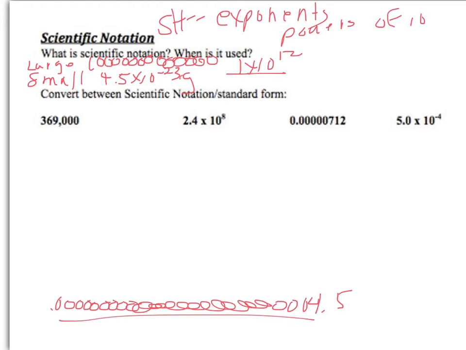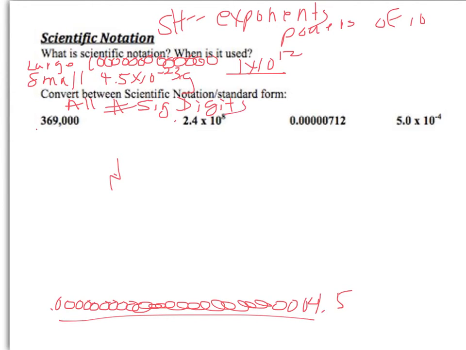Okay, so let's convert these between scientific and standard form. The rule is scientific notation always has all numbers that are significant digits or significant figures.